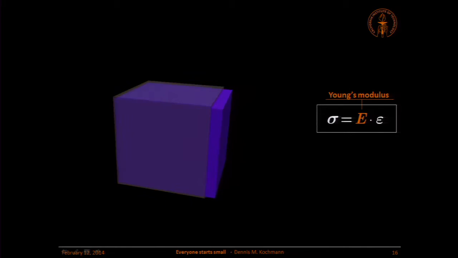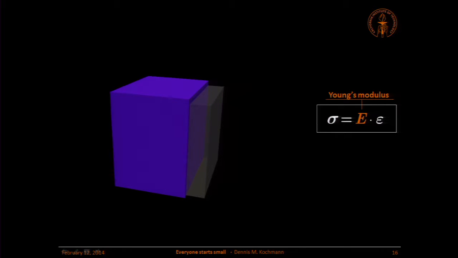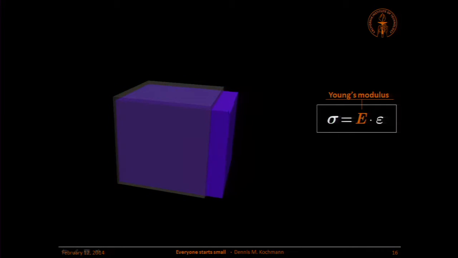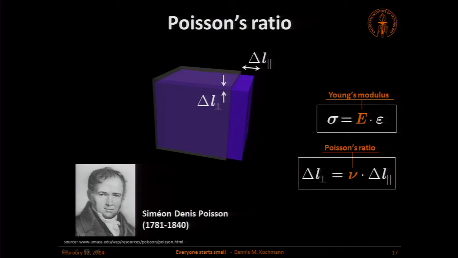Now, there's another property that I'll talk about that's quite interesting, and this is what we can see here. If you take a piece of material and you compress it, for example, it gets fatter. If you pull on it, it gets thinner. This is what we observe in everyday life. There was a French scientist named Simeon Denis Poisson who measured this and wanted to quantify this effect.